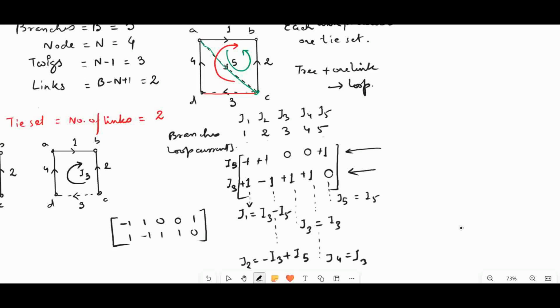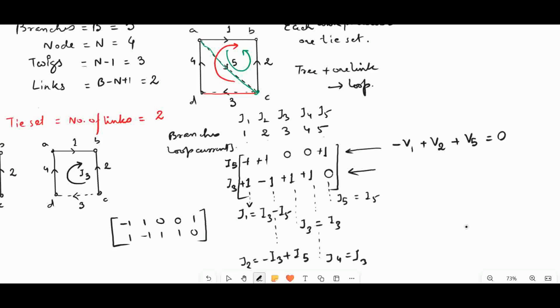So in J1, J2 and J5 we have the values. So the loop voltage will be, for 1 it will be minus V1 since it is negative, then V2 which will be positive, then finally we have V5 equals to 0.